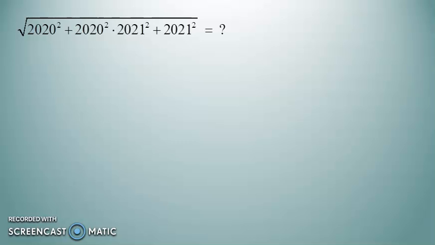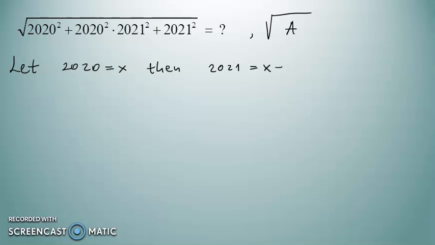Firstly, let's denote the expression under the root with A. Let 2020 be equal to x. Then 2021 is equal to x plus 1.